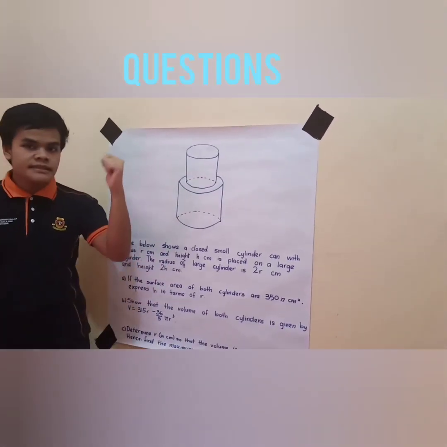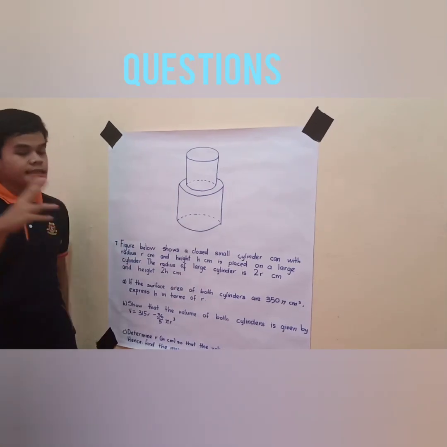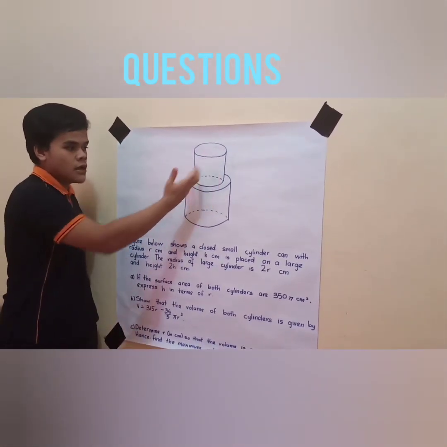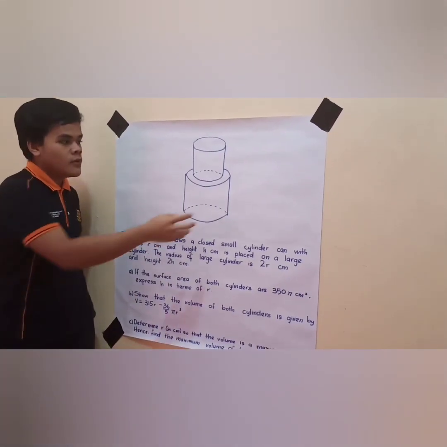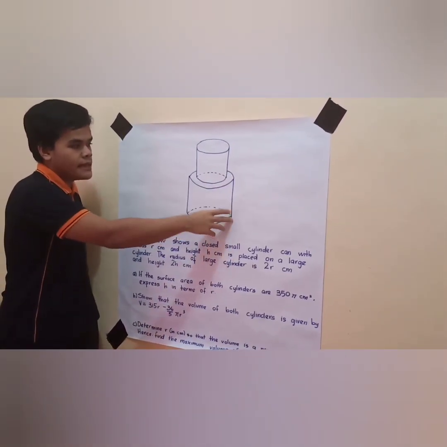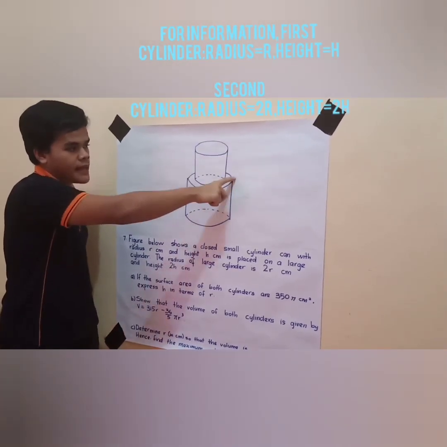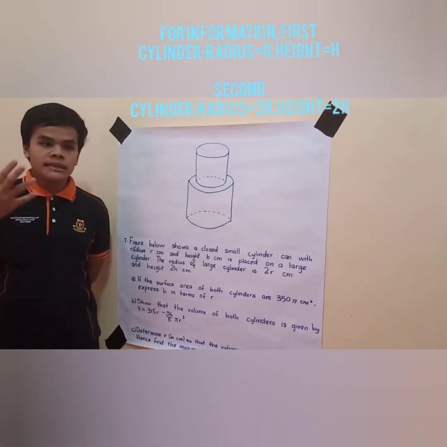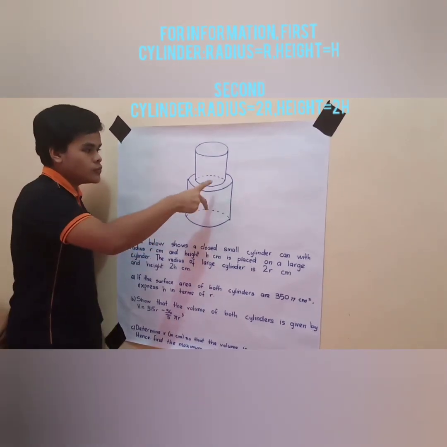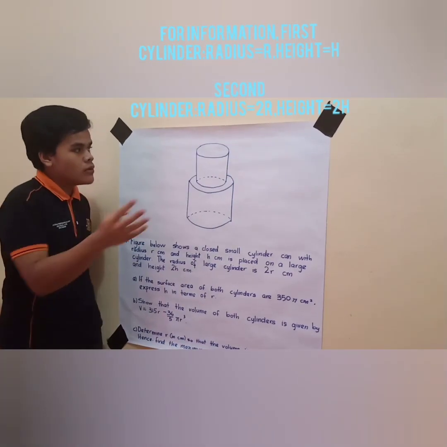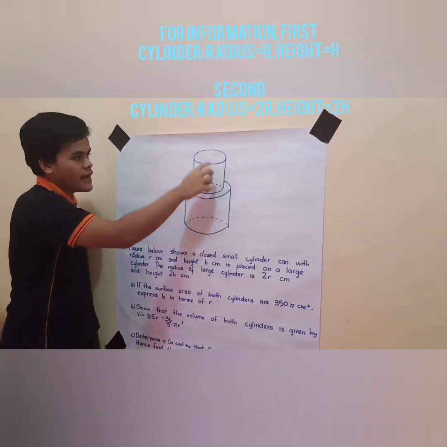So what you can see here is two cylinders, a first cylinder and a second cylinder. The first cylinder has height 2h cm and the other one has height h cm, and they have two different radii, 2r cm and r cm.